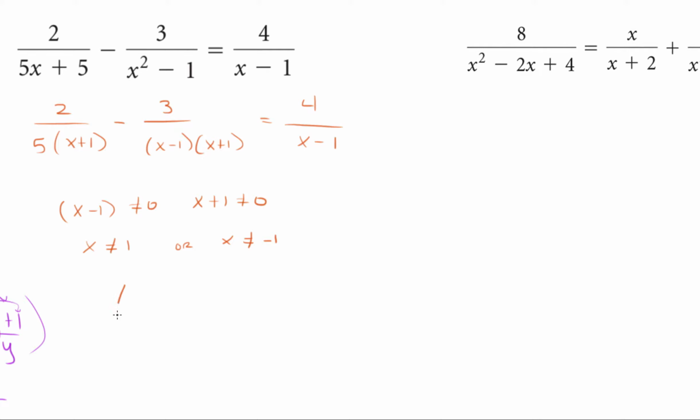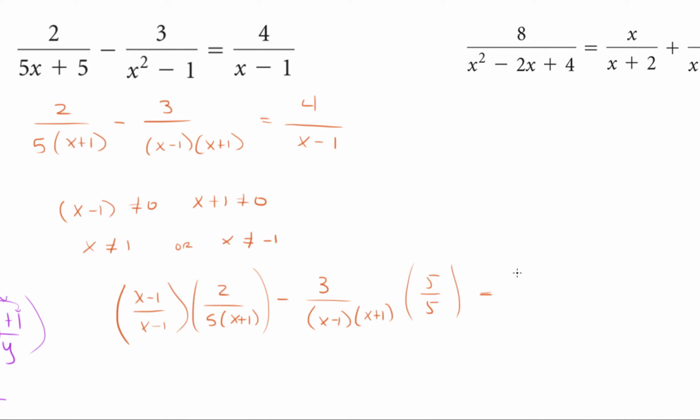So for the first term, I'm gonna multiply by x minus 1, top and bottom. For the second term, I'm just going to multiply by 5 over 5.